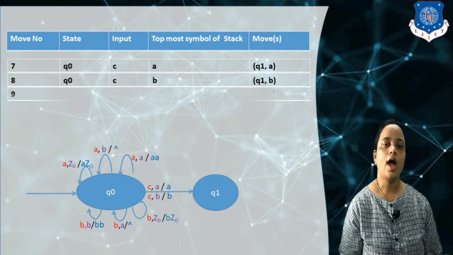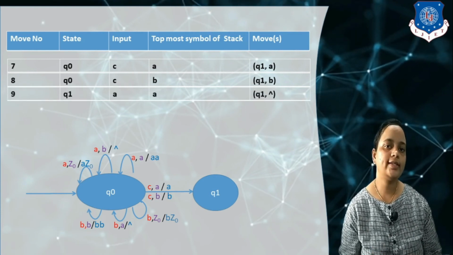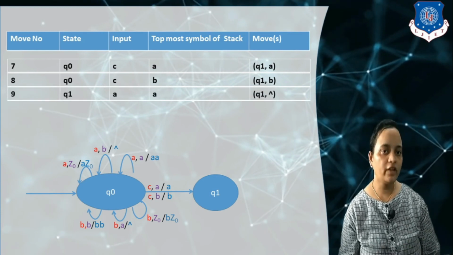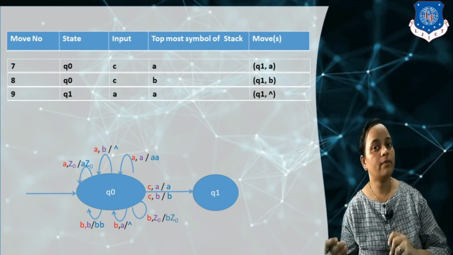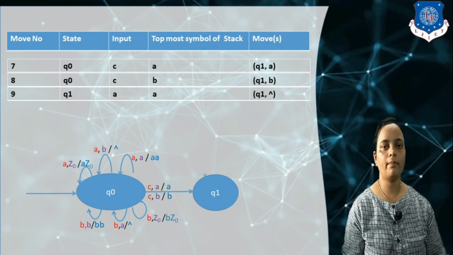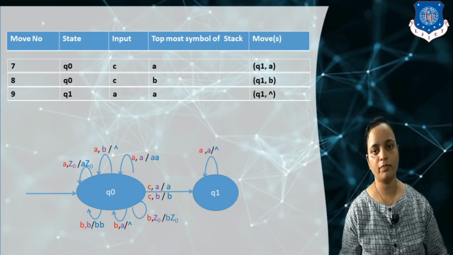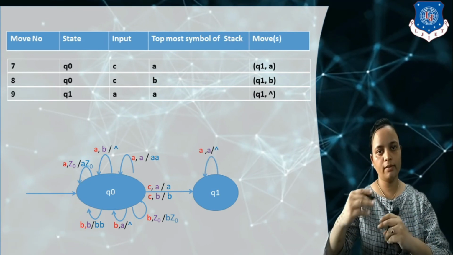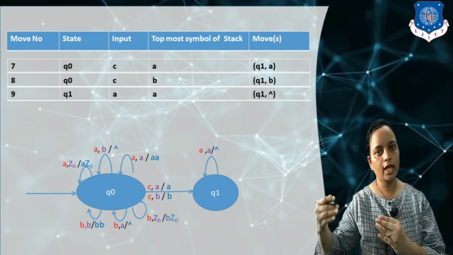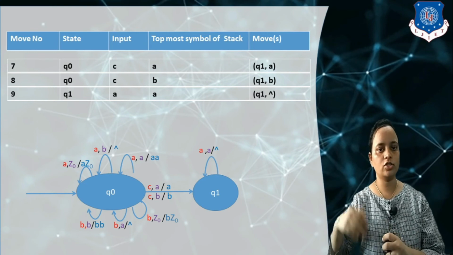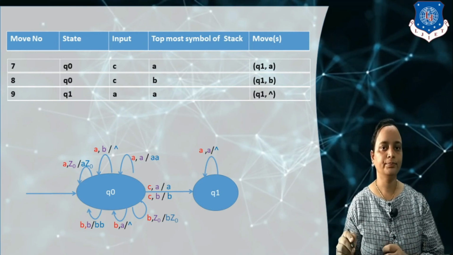Now we are at state q1, and if input is A and the top of the stack contains the same symbol A, we perform a pop operation. Here we have mentioned the loop. Any number of times A input comes, and any number of times the top of the stack is A, it performs a pop operation. So q1 comma null.